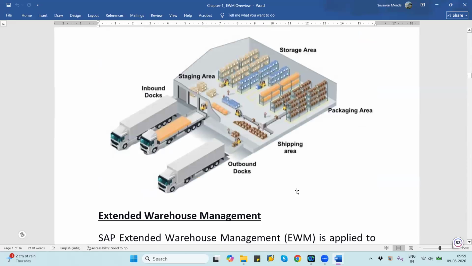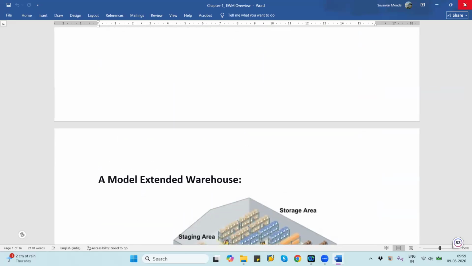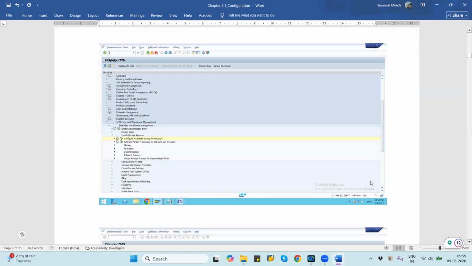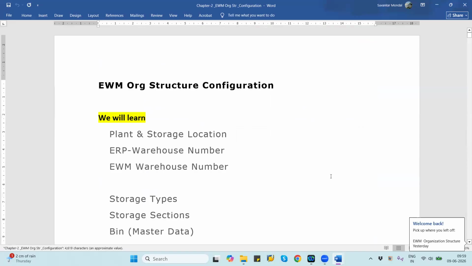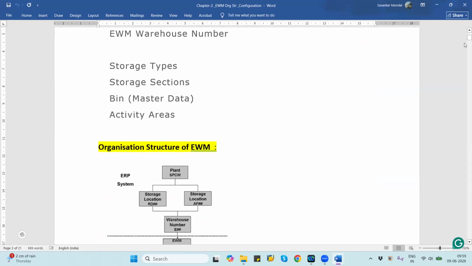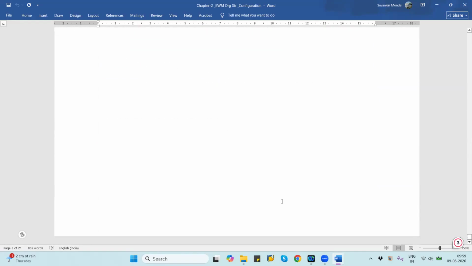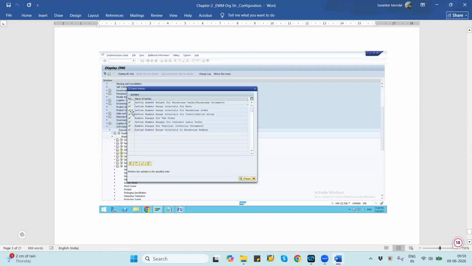This is the first document. There is a second document, the configuration document. This one, no? Yes, that one. That is the one you are talking about.